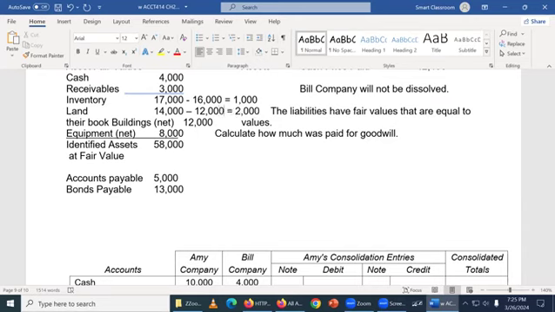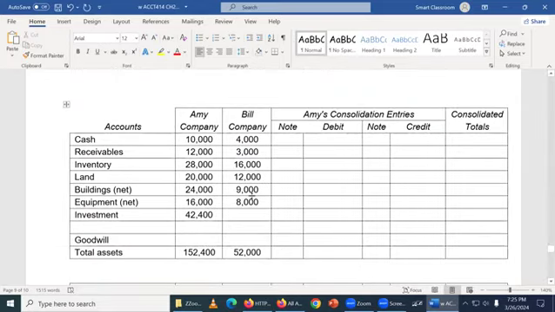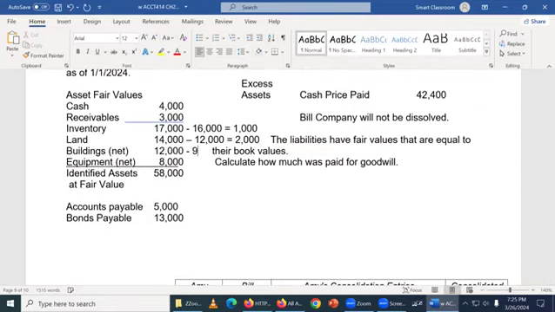All right. Okay, 12,000 minus 9,000 equals 3,000.